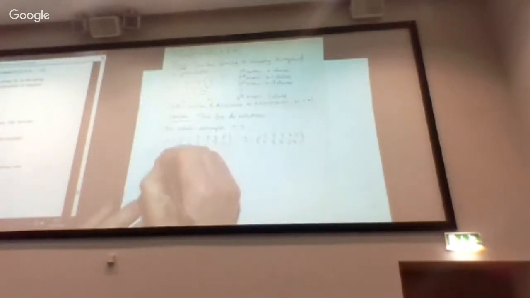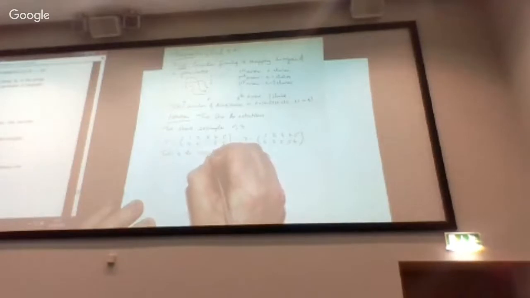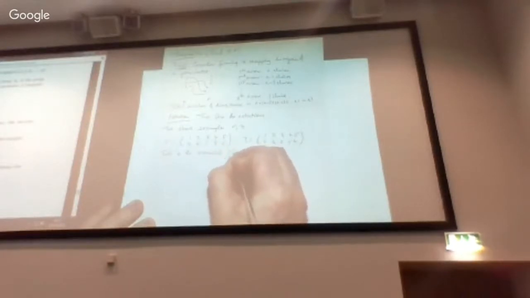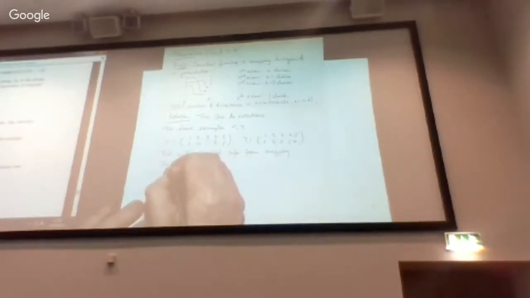So this is the essential information from the mapping diagram. So it's no more useful really than a mapping diagram.